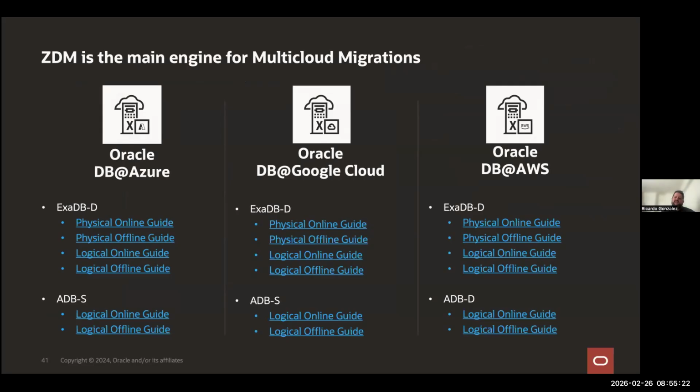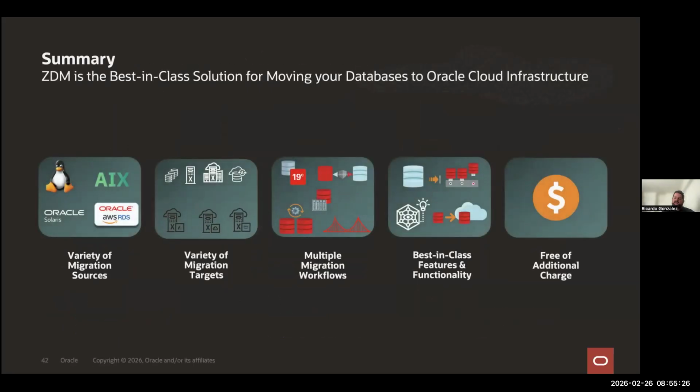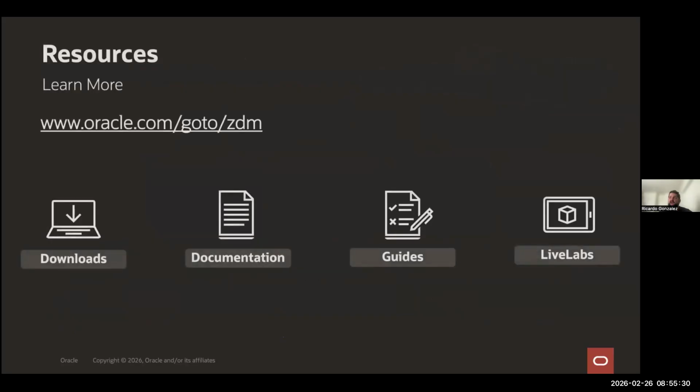For any information that you want on ZDM, specifically all the materials, you can go to the website that we have. We have a shortened version, oracle.com/go/ZDM. There you have all the step-by-step guides, all the docs, etc. And you can, of course, always contact me. I'm more than happy to help with anything migration-wise that you may have.